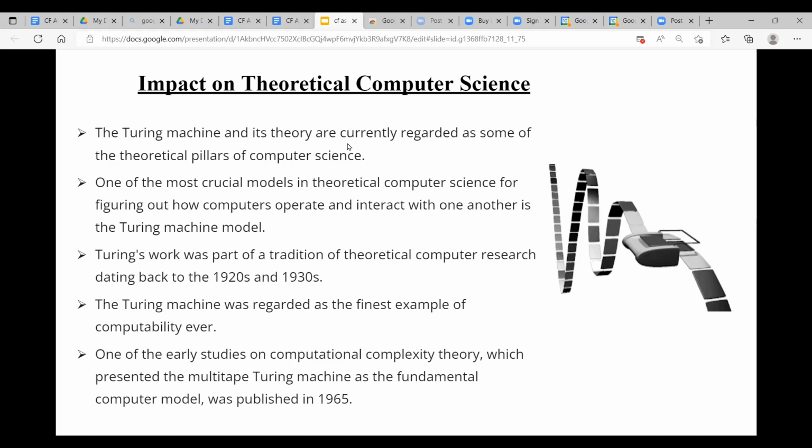In order to reflect on the new computer devices, their capability and limits, in a more methodical way, theoretical models were needed in the 1950s. One of the early studies on computational complexity theory, which presented the multi-tape Turing machine as the fundamental computer model, was published in 1965.